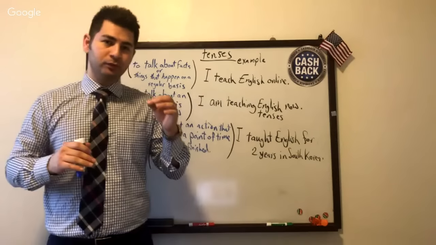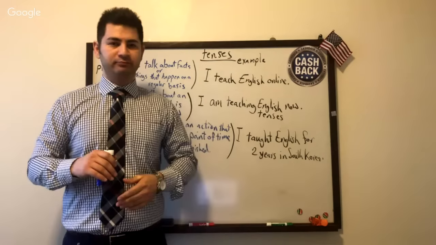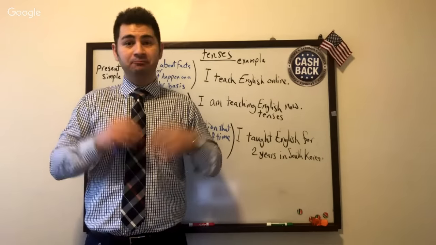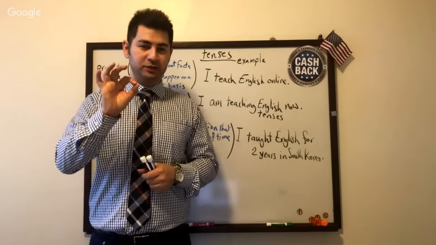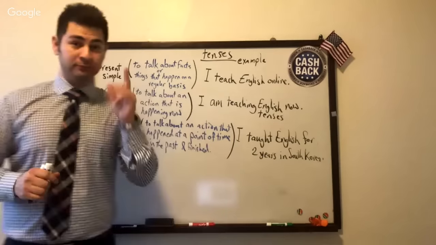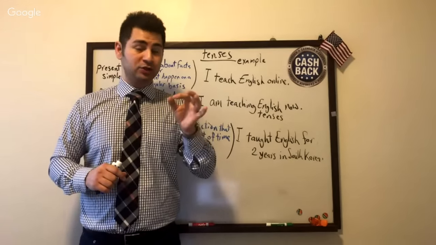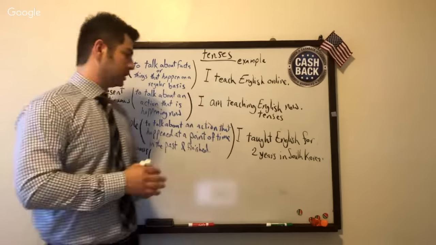Think about this morning, let's say 9 a.m. At that specific point of time, what were you doing at that time? You need to be talking about an action that was in progress. So you must have been in the middle of the action.